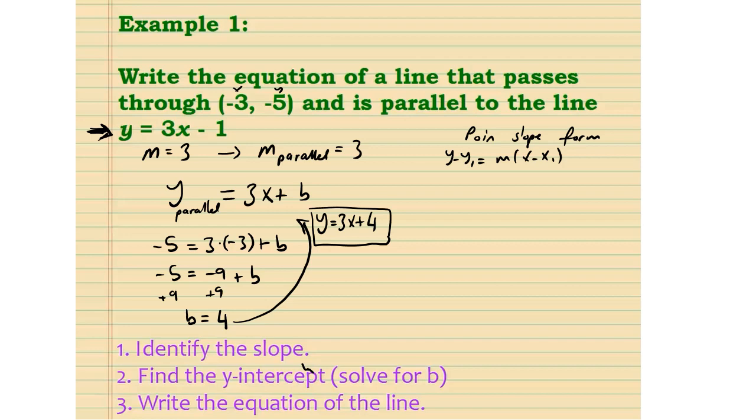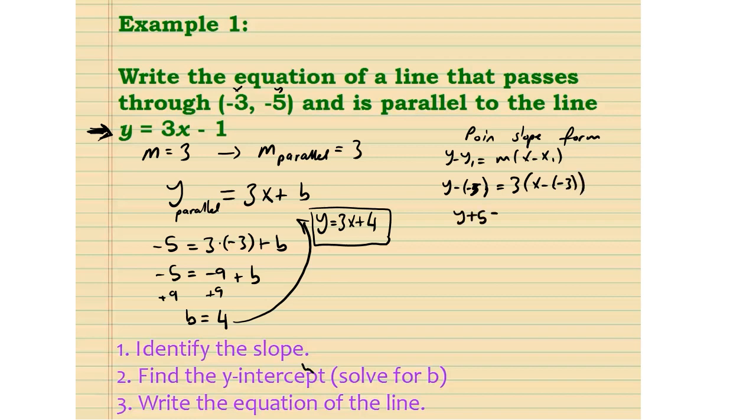Our slope is 3, point is -3, -5. y minus -5 is equal to 3 times x minus -3.